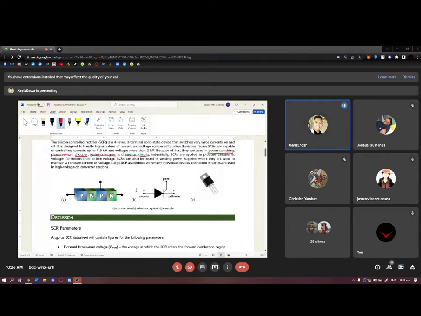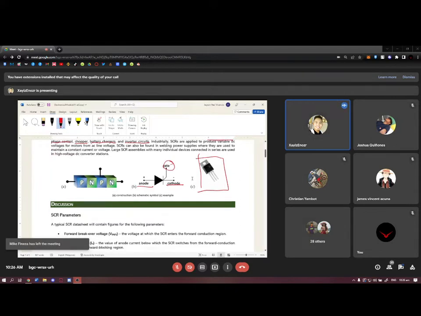So makikita nyo, meron siyang tatlong terminal. So we have the anode, we have the cathode, and we have yung tinatawag na gate. Okay? So yan ito, yung example ng SCR. So pag bumili kayo ng SCR sa mga electronic shop, so ganyan yung itsura niya.